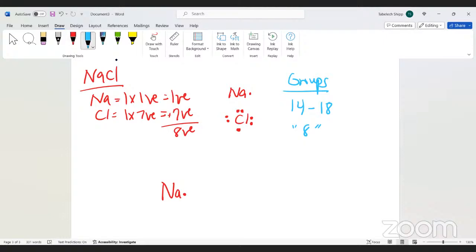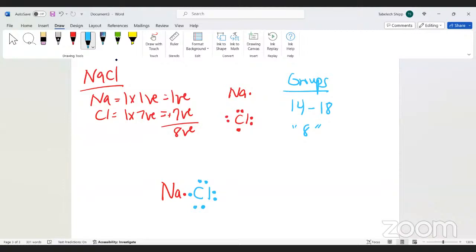Chlorine is going to come in and say, well, guess what? I only have 7 to donate to this particular bond, but I need one more from chlorine to give me a full octet rule of 8. So that's 1, 2, 3, 4, 5, 6, 7.